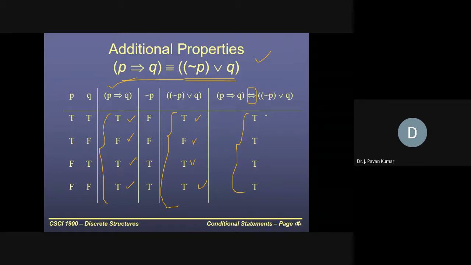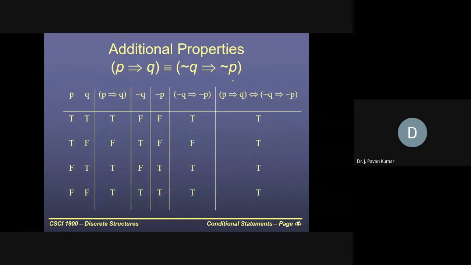When we perform bi-implication, we will get a tautology. This is an important property: P implies Q is nothing but negation P or Q. This is very, very important. Next, of course, this also we have seen, and the method of showing both these statements as equivalent is different.